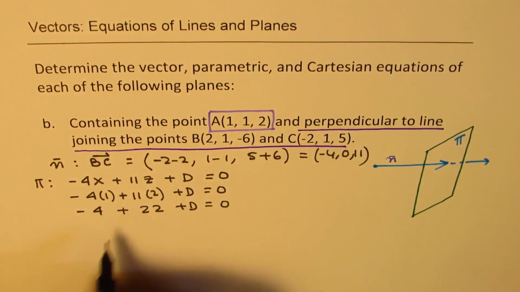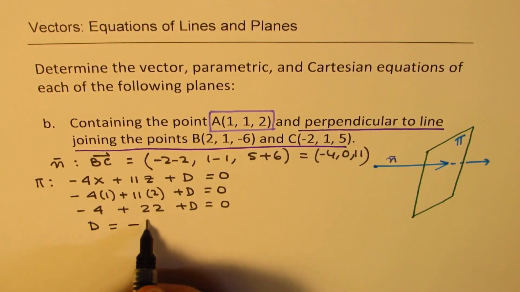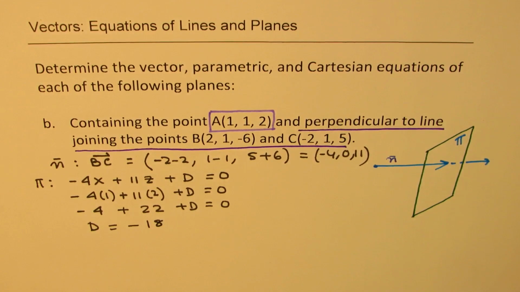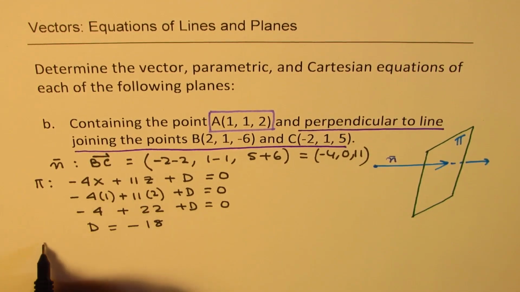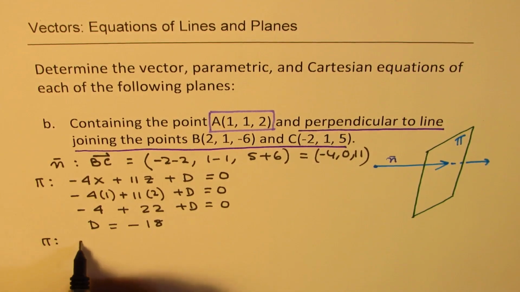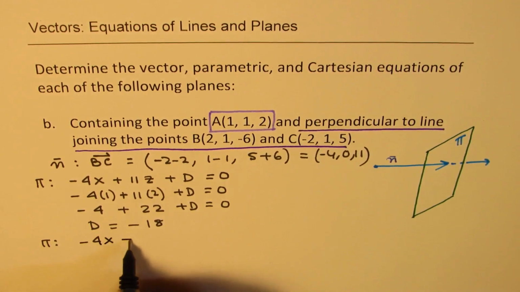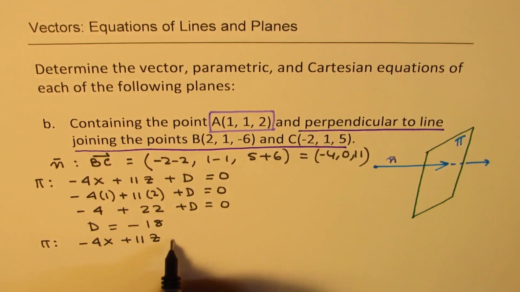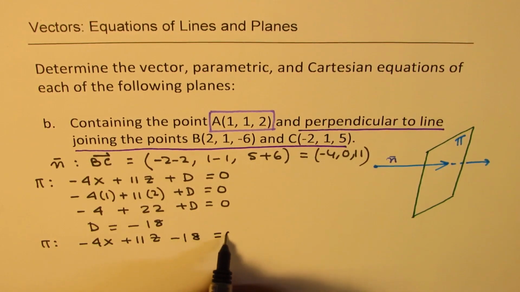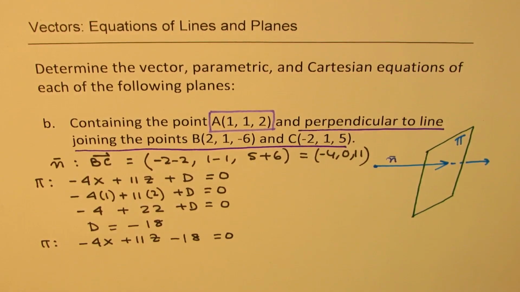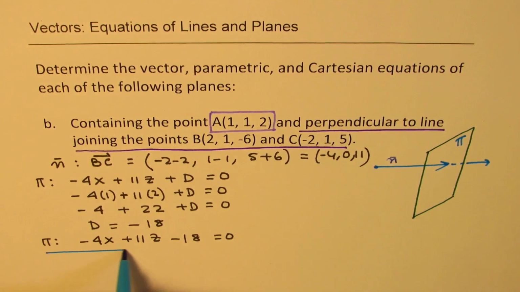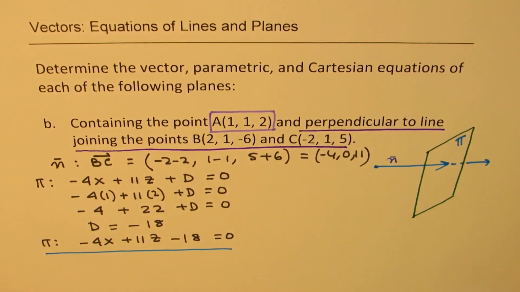So this is 18, so the value of d is minus 18. Clear? So our plane can now be written as minus 4x plus 11z minus 18 equals 0. Clear? So we got our first equation, which is the Cartesian equation of this particular plane.